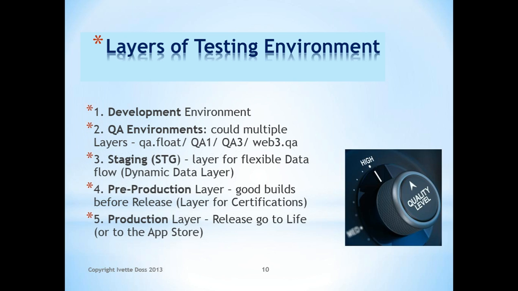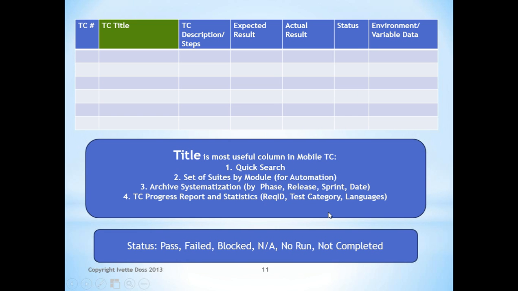Then multiple third-party testing, development, and service organizations could be involved. To collect them all on one special layer before you go to production is a wise idea. Plus the production layer, which is the release to go live, whether to the App Store or straight to a web browser.